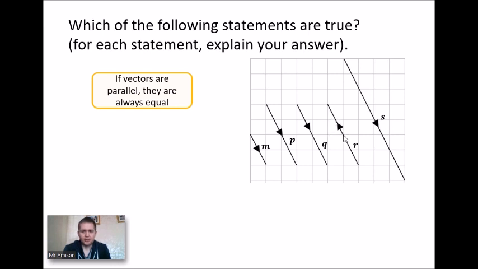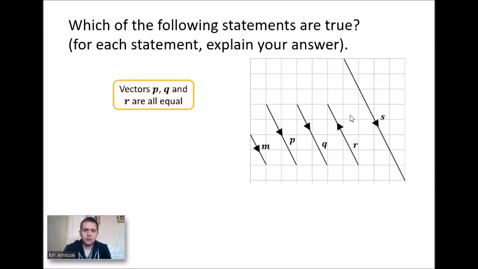Instead, let's just think about the fact that this line goes two right, four down, as does this one, as does this one, but the lines S and M do not. The vectors S and M are therefore definitely not equal to P, Q and R, because they are of different lengths. Vectors being the same length, however, does not always mean that the vectors are equal.